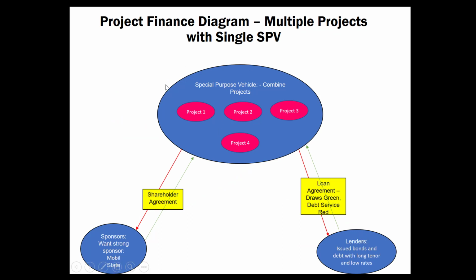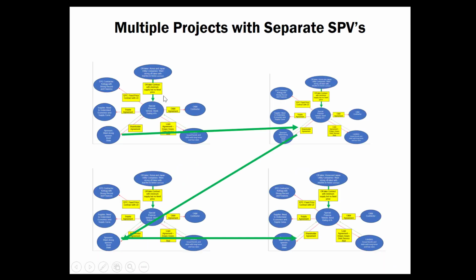But now let's put the projects in one separate SPV. If we put the projects in one SPV, and they're staggered, this one starts at a different date than this one, and this one, and this one.